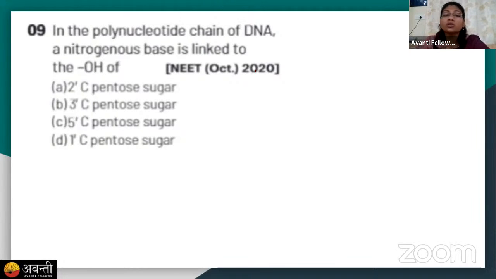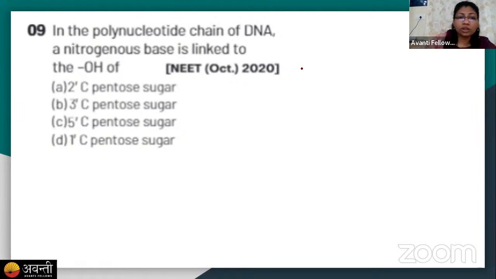So the question is asking, to which hydroxyl group of which carbon of the sugar does this binding take place? Your options are A, 2' carbon pentose sugar, B, 3' carbon pentose sugar, C, 5' carbon pentose sugar, and D is 1' carbon pentose sugar.